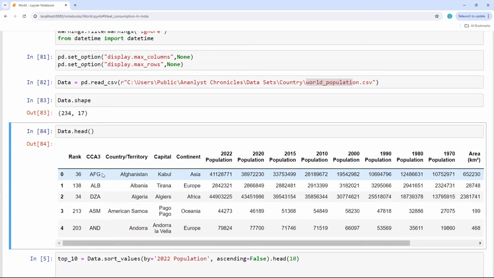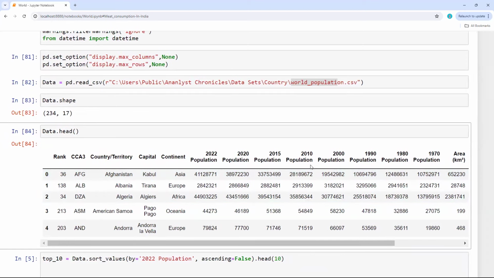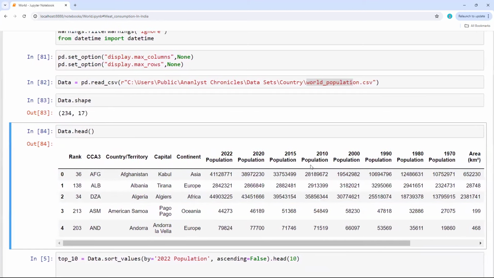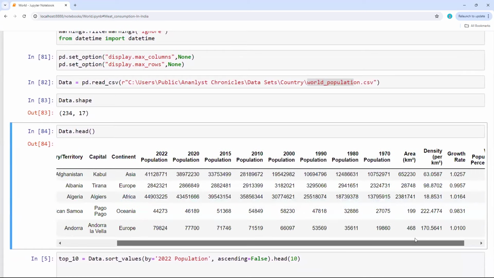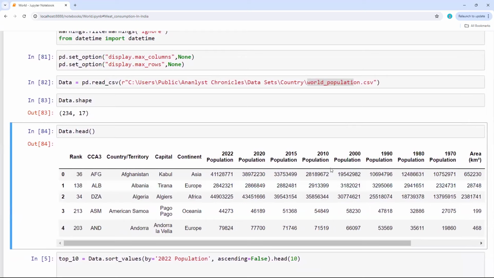So there is a rank as per the population, the name of the country, the capital city, the continent where the country is from, and the 2022 population, 2020, 2015. Similarly, we have the data for different years. So this is about the world population data set.